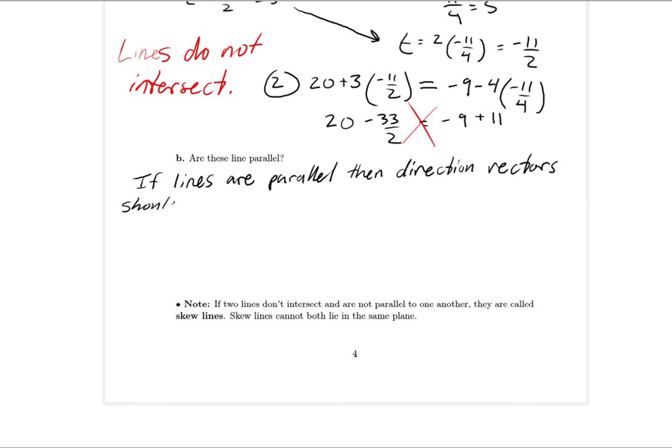should be just scalar multiples of each other, right?